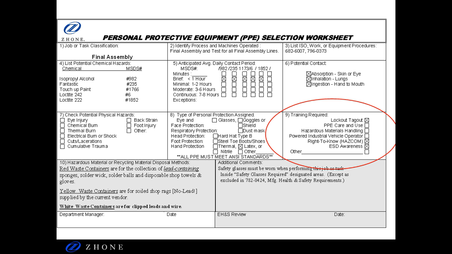Block number 9 shows some of the training required to work in this area. Note that a full listing of training needs is available from your supervisor through the Manufacturing Training Database. Block number 10 lists the disposal or recycling of the materials found in the area. There may be additional comments listed in the lower right corner of the form.